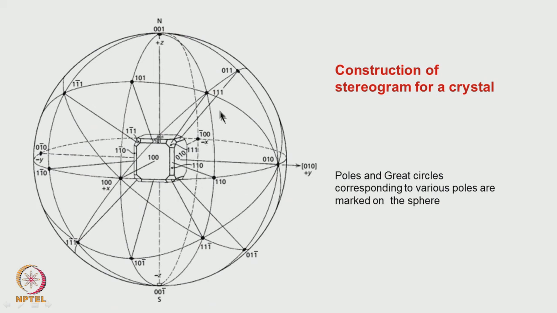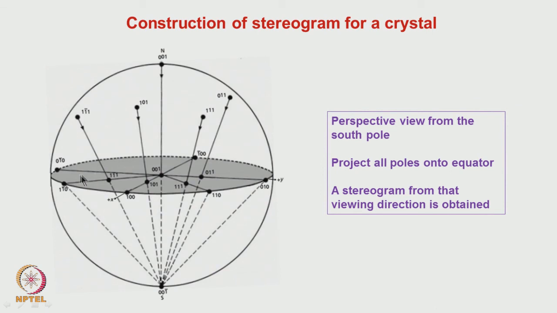Now what we can do is suppose we use this as the viewing direction. From this direction we are trying to view it, and look at all the poles which are lying on the northern hemisphere, and the points at which they are making intersections on this equatorial plane. That is what is being shown in this stereogram.